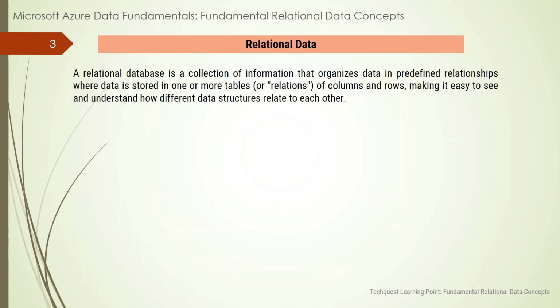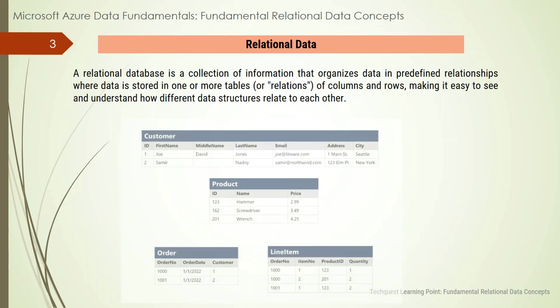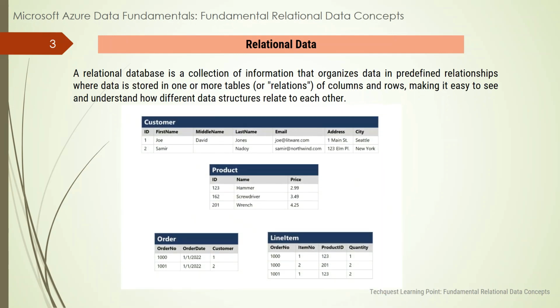A relational database is a collection of information that organizes data in predefined relationships, where data is stored in one or more tables, or relations, of columns and rows, making it easy to see and understand how different data structures relate to each other. Relationships are logical connections between different tables, established on the basis of interaction among these tables.